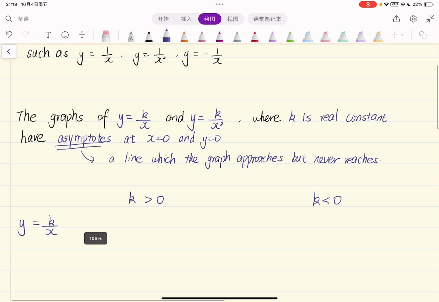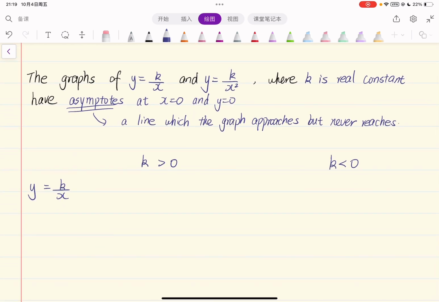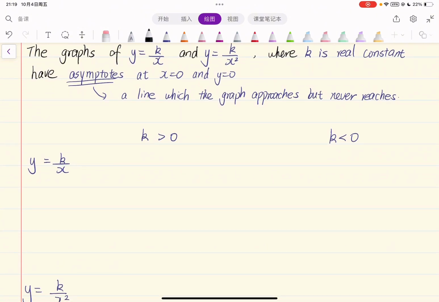Now let us see. Firstly we see y equals k over x. If k is greater than 0, we have the graph like that.